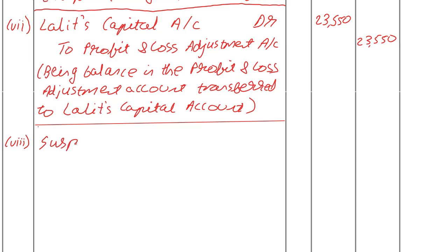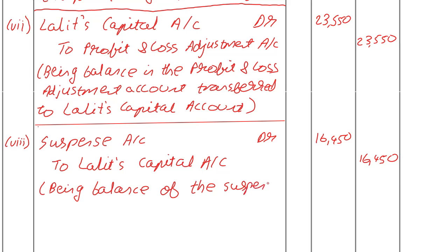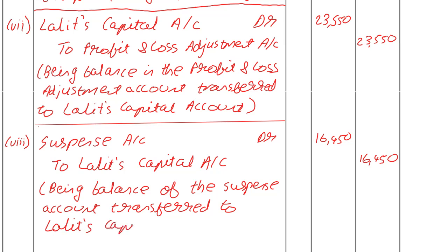So suspense account debit to Lalit's capital account, and we are talking about 16,450, being balance of the suspense account transferred to Lalit's capital account.